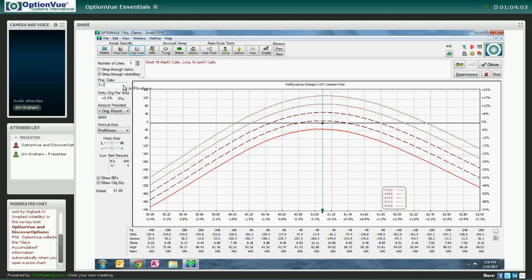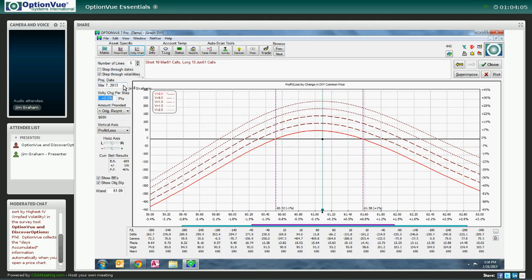And you have to choose a specific projected date. Let's say I want to know a week from today, 7 days from today, March 7th, if volatility moves up. Right here, this solid line, looking at the legend, it says V plus 0. So that's with no change in volatility.